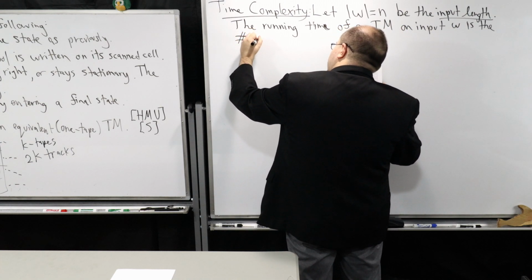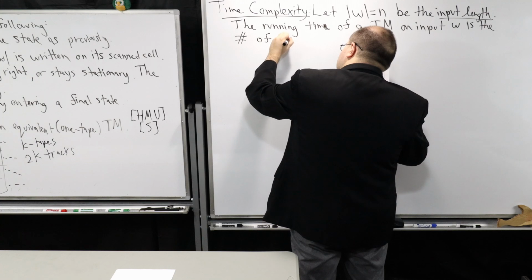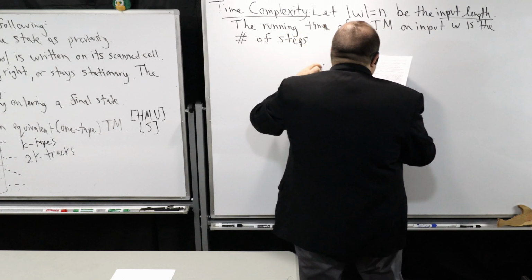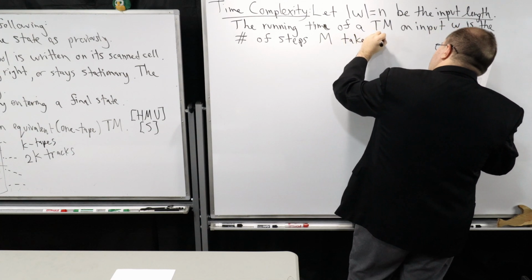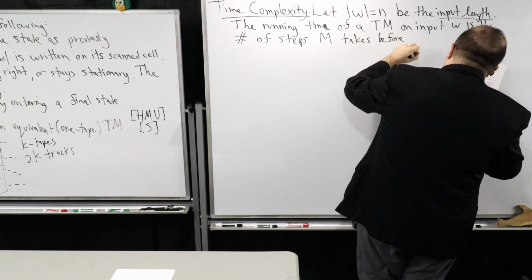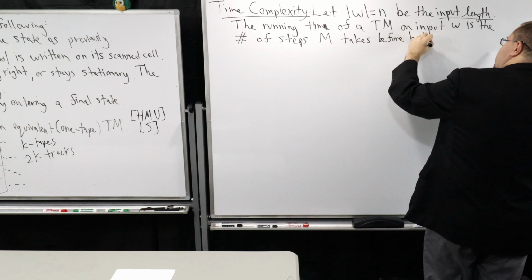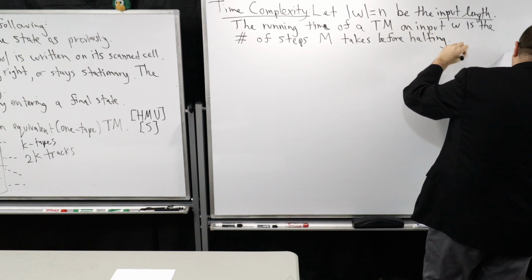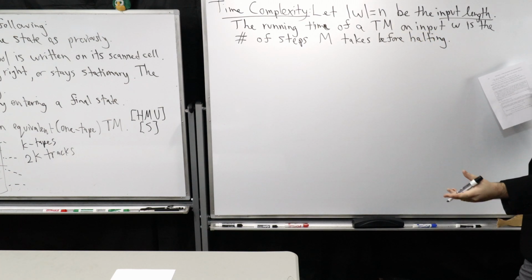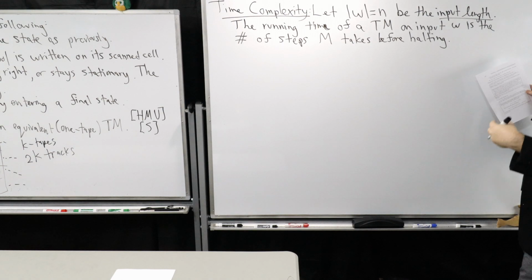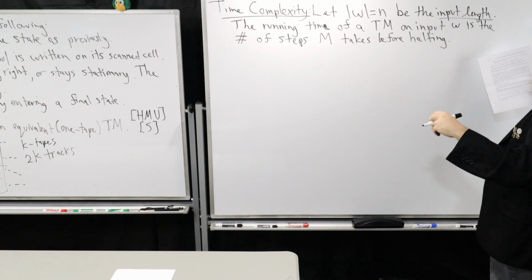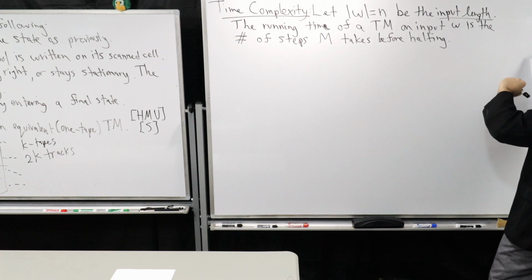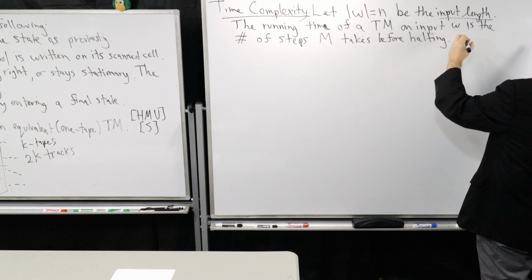The number of steps M takes before halting. Now, naturally what's going to come up next is how I define the time complexity of the machine itself, because I've just described it for you for a given input.